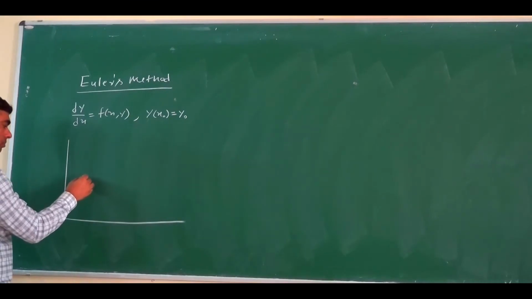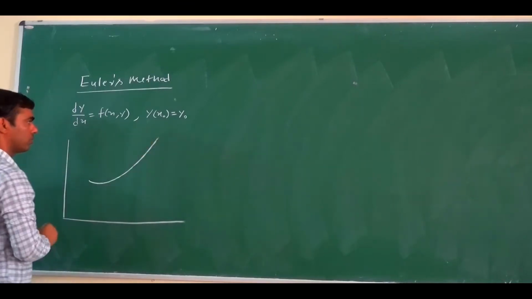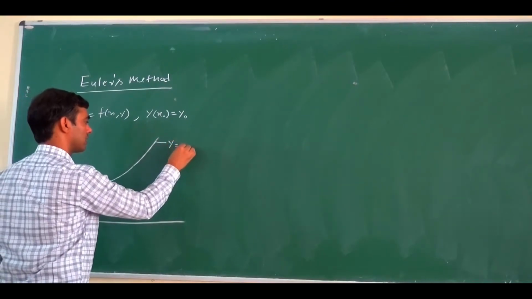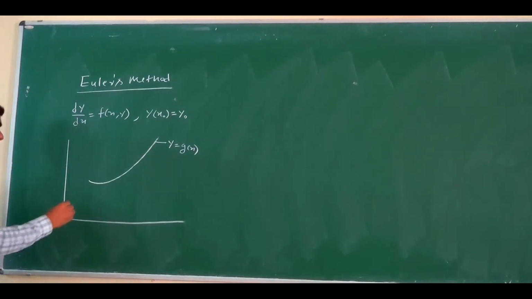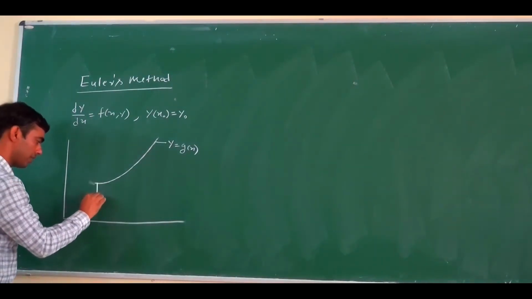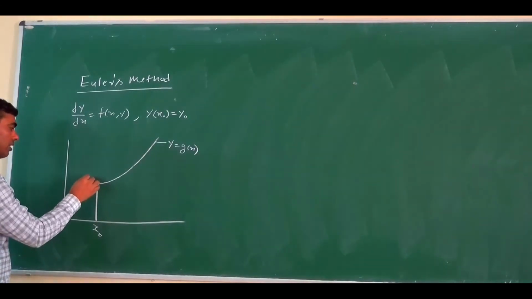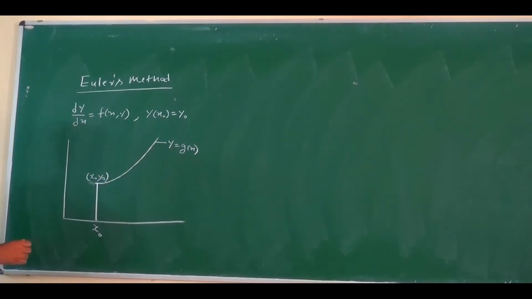Suppose this is the actual solution, y equal to g(x). And this is given as the initial value: the initial condition y0, and the coordinate of this point is (x0, y0).